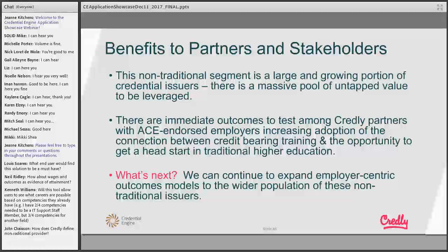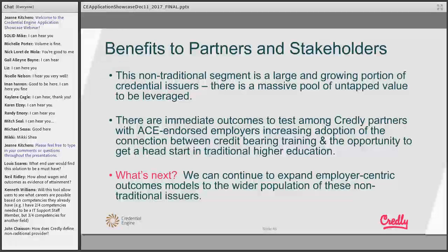So in terms of benefits to our partners and stakeholders, I think, again, to reiterate, it's all about outcomes for credential earners. So having this pool of data and this ecosystem that we're seeing among all of these providers, the non-traditional segment is going to start to be able to tap into that ecosystem and drive the outcomes for partners.